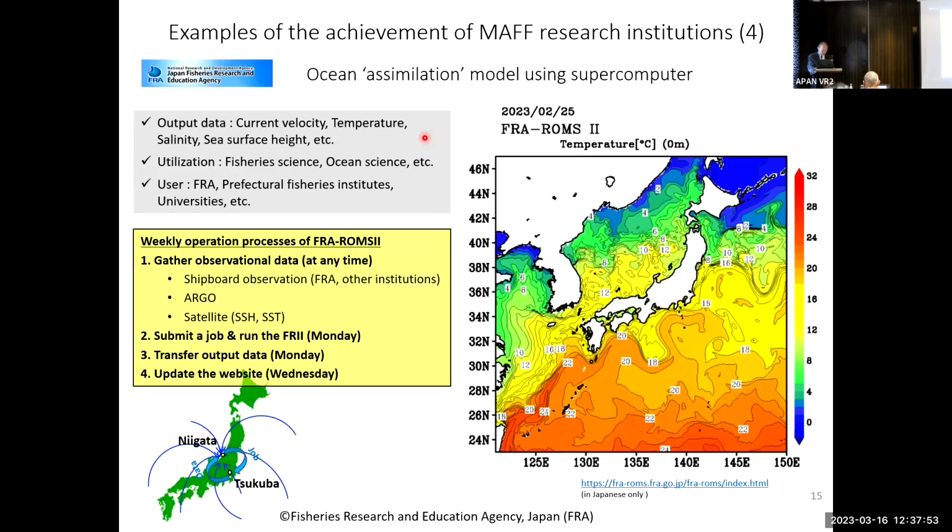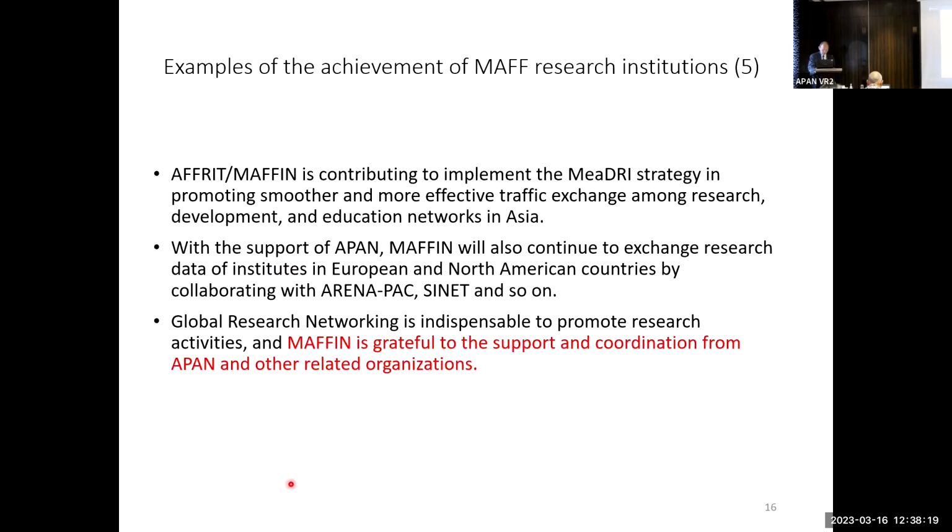This project is implemented by the Niigata branch of FRA, and MAFFIN is utilized for data exchange among 15 access sites of FRA all over Japan, and a supercomputer in Tsukuba is used for data analysis.